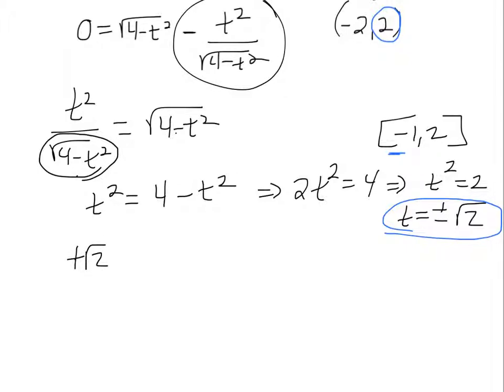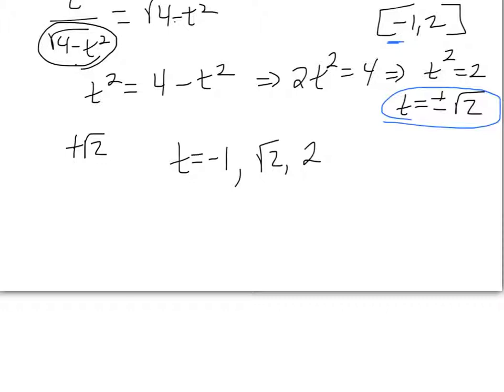So it looks like the three numbers that we need to check are t equals -1, because that's an endpoint; t equals square root of 2, because that's in the interval, and that was one of the 0 tangents; and 2, which is the endpoint of the interval, so we check it anyway, but it also happened to be one of the places that our derivative was not defined.